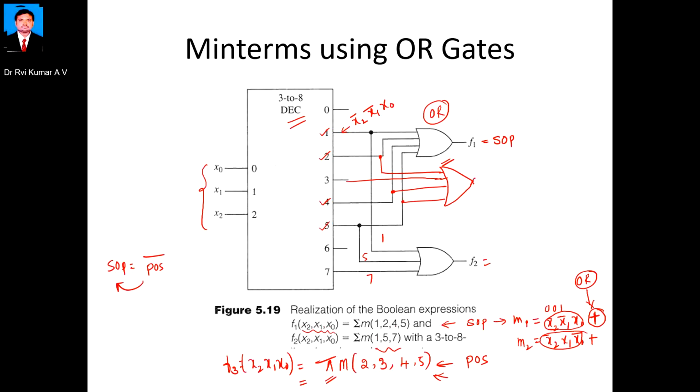So I am using the complemented gate, in the sense a NOR gate. So this is your F3. Here it is a POS expression and the gate is a NOR gate. This is how we can implement, if you have active high outputs, the SOP expression as well as the POS expression by using OR and NOR gates respectively.